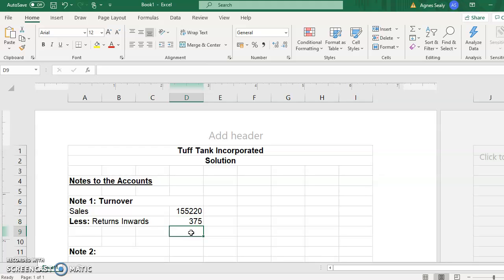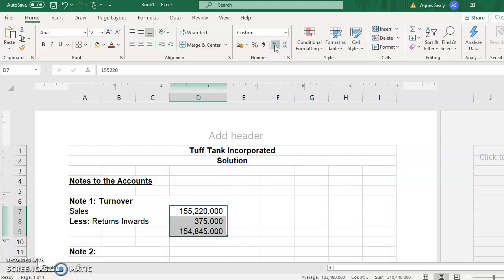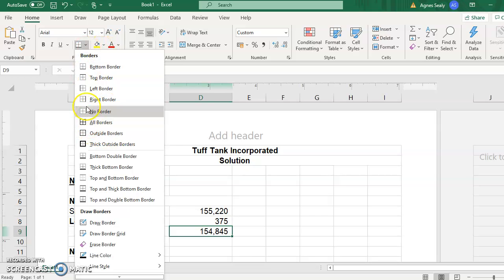So then my turnover is equal to my sales minus my sales returns, and that gives me a turnover of $154,845. So my turnover, $154,845.